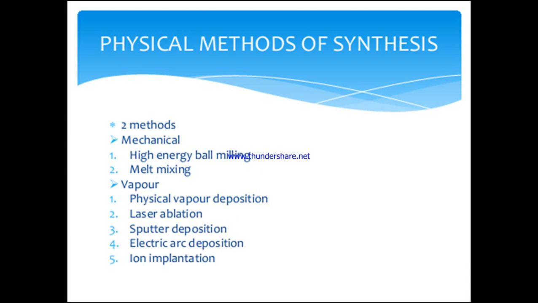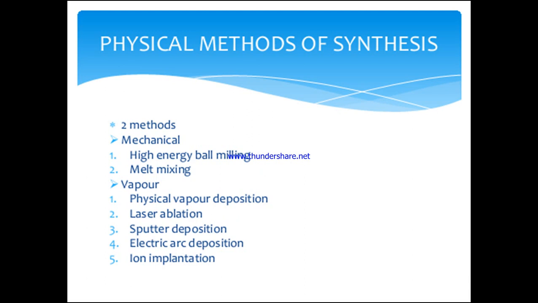And when we talk about the vapor, in vapor we are going to have physical vapor deposition, laser ablation, sputter deposition, electric arc deposition, ion implantation. These are the methods or techniques which we are going to see in the vapors.